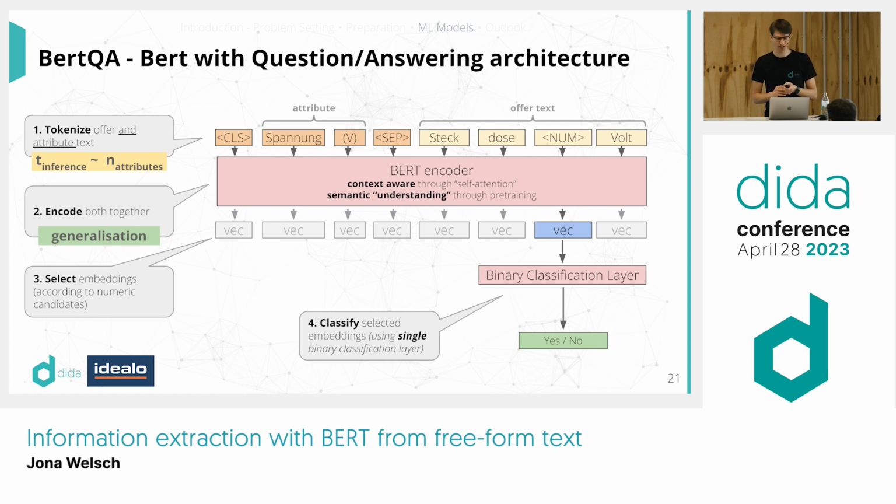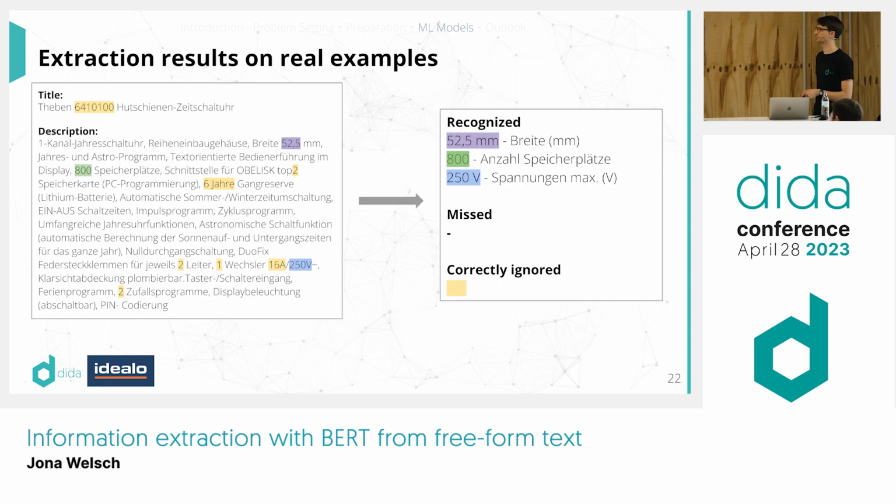So let's quickly look at a few examples of the output of this BertQA model. Again, we have here a title and a description of some kind of technical appliance. I think it's a timer for your power socket again. I do my candidate detection step, find different numbers in my text, and then I need to classify them.